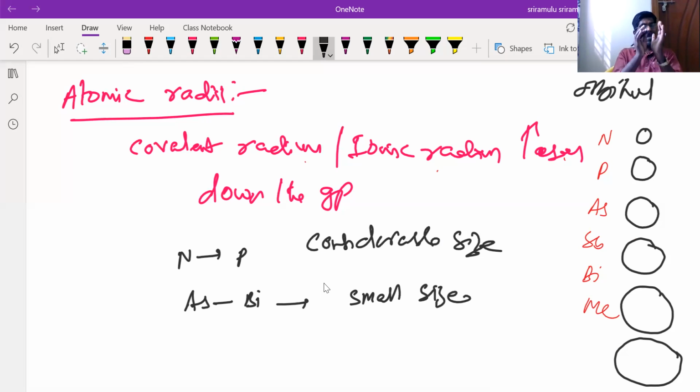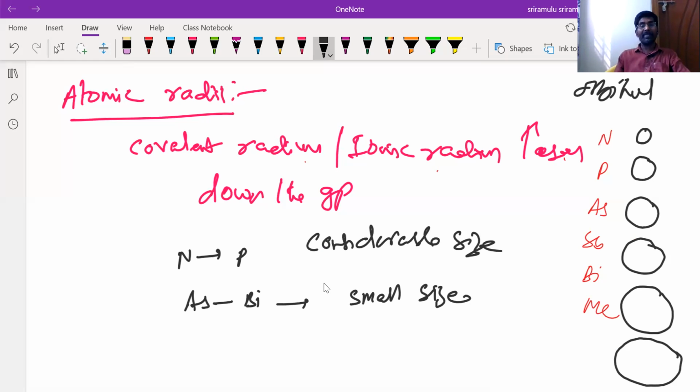So the atomic radius of the 15th group elements, the nitrogen family: from nitrogen to phosphorus, we observe a considerable size increment. After that we should not observe a sharp increment of size, due to the completely filled d and f orbitals.